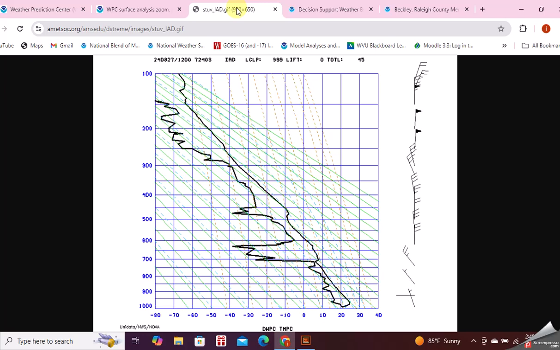So that balloon went up, and as it was going up, an instrument recorded the temperature, the dew point, the pressure. And since you can calculate how fast the balloon is going up by how much helium, in this case, is in it, we know exactly where in the atmosphere that pressure was. So we had an altitude as well.